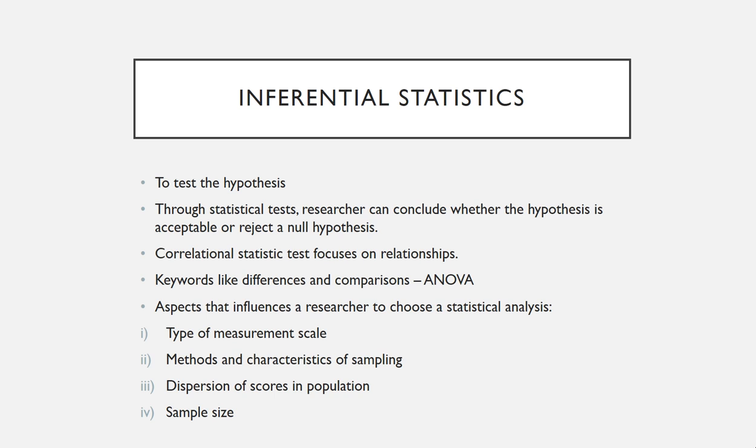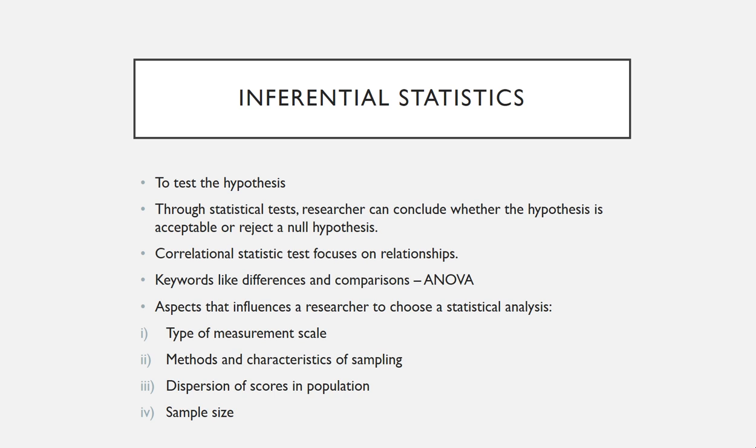Let's say factor A influences factor B, or factor B influences factor A. To identify differences or comparisons, we use the ANOVA test. We'll look into each form of test.